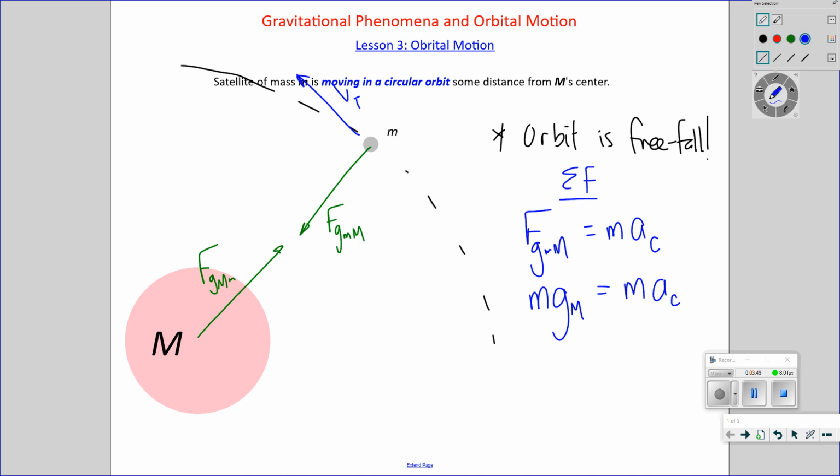Now, worth noting, these are two different ways of considering what mass is. Over here, this mass is what we call gravitational mass. Mass, by its nature, creates gravitational field and feels the effect of other gravitational fields. This over here has to do with the fact that objects resist acceleration.